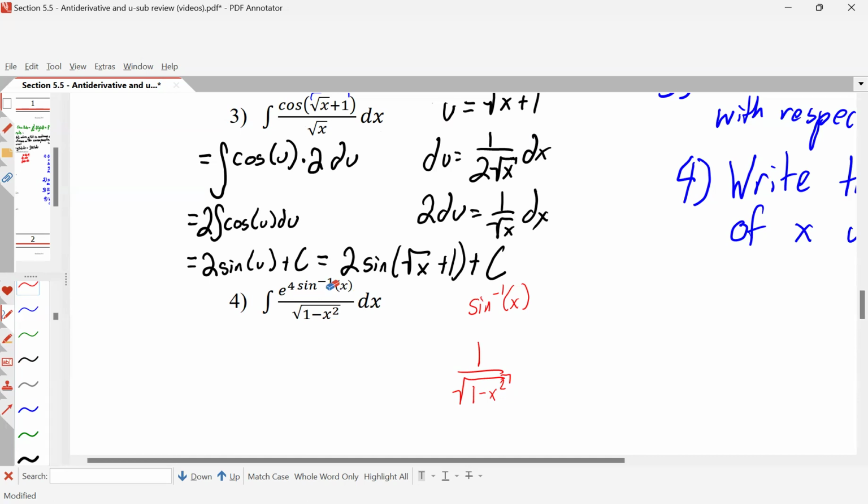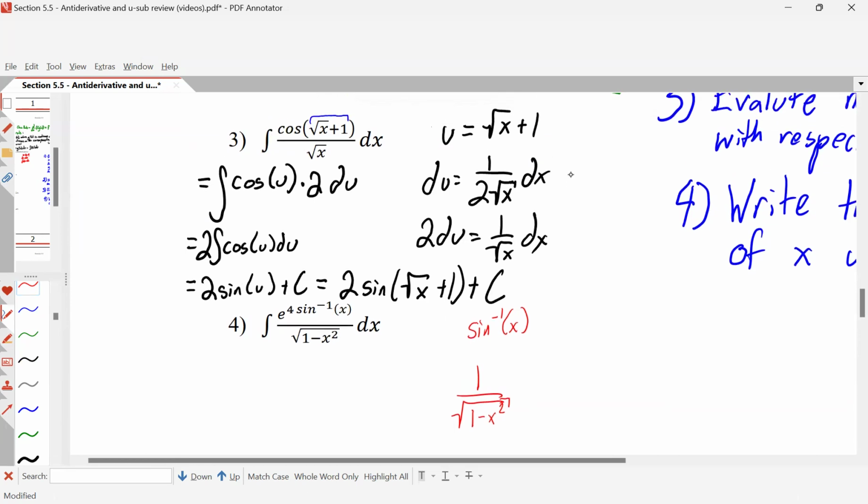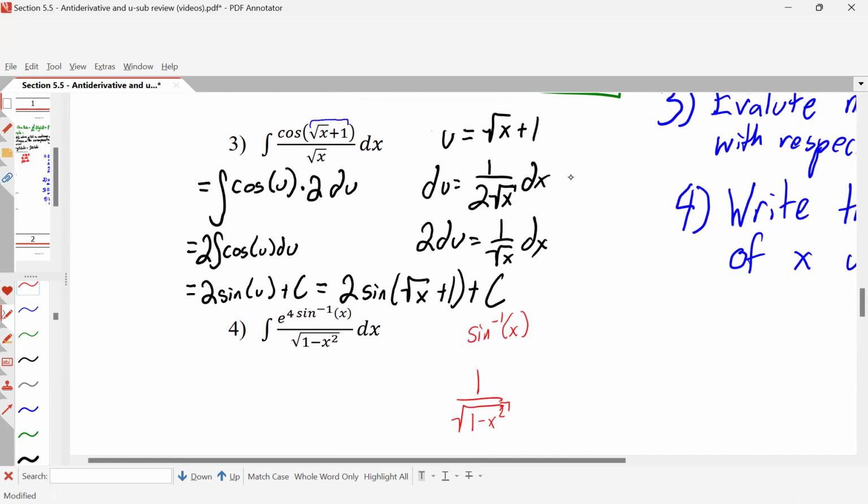What's going to be helpful is taking as much as possible in as our u when we can. For an example, back on problem 3, instead of just taking u equaled the square root of x from cosine, we took the whole thing inside the parentheses. Same thing's going to apply here. Instead of just taking u is sine inverse, we're going to say u is the whole exponent of 4 sine inverse.